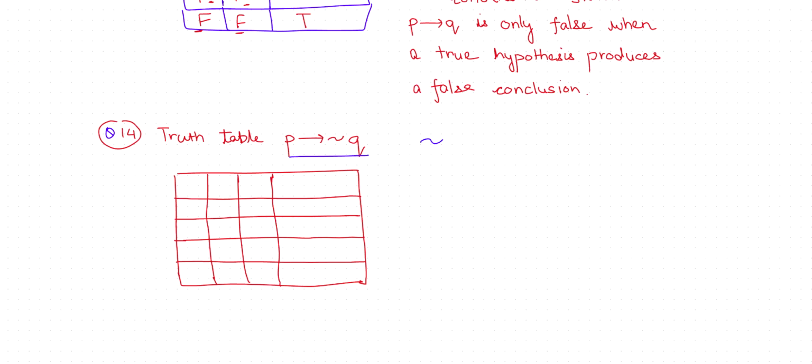It means if it is true, it becomes false, and false becomes true, the opposite. So we write P, Q, then not Q, and then if P, then not Q. First, the four possibilities: both true, P true and Q false, P false and Q true, and both false.